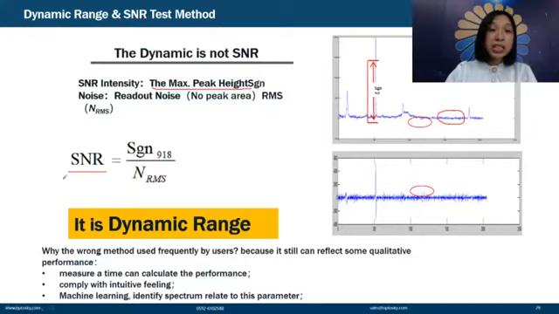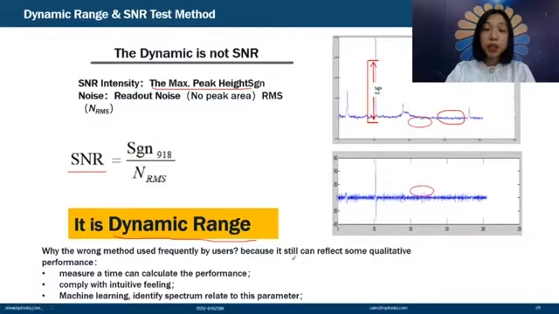Actually, this is not the signal to noise ratio. It's the dynamic range. It's a wrong formula.